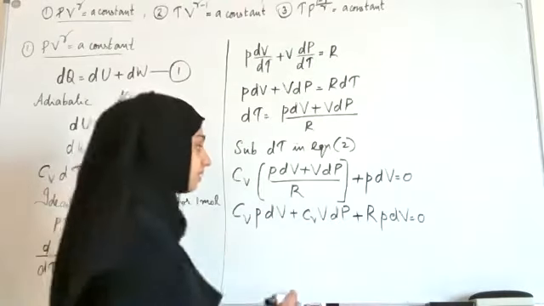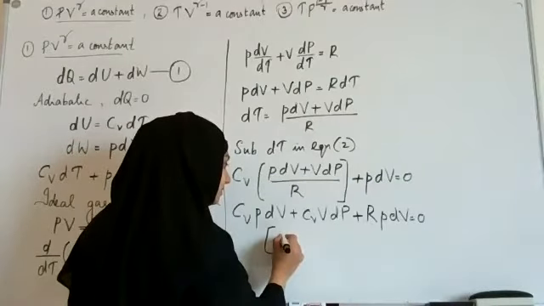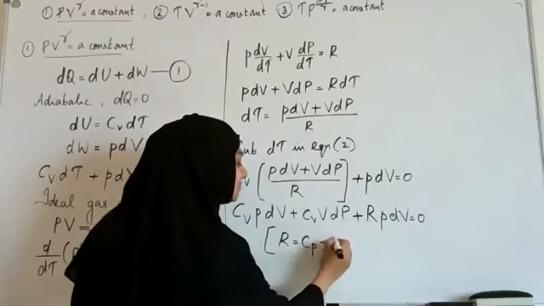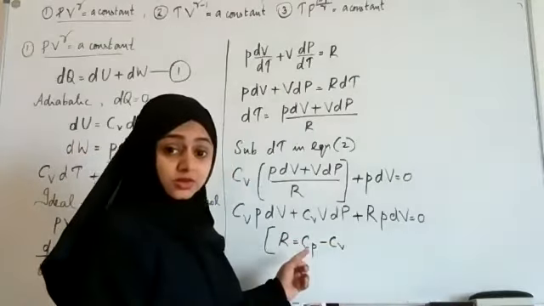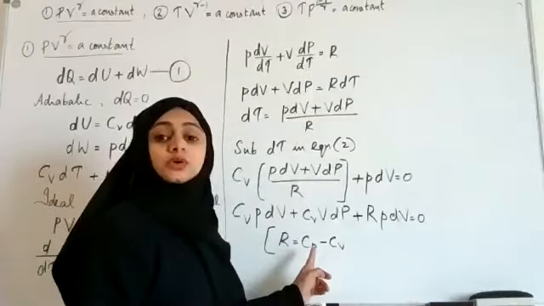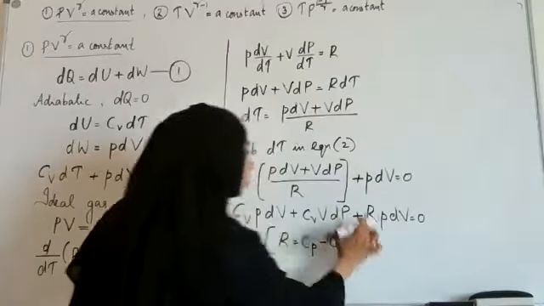Cp is equal to Cv plus R, or R is equal to Cp minus Cv. Same, right? So I'm going to use this expression for R here.